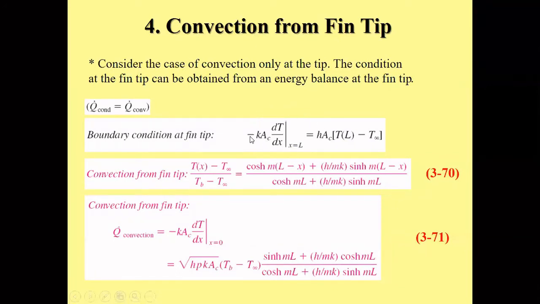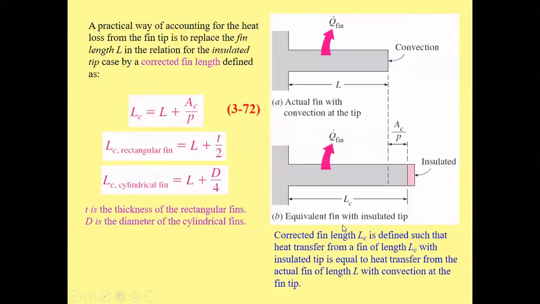So the boundary condition is that the heat conduction to the fin tip is equal to the heat convection from the fin. Okay, and then you obtain again the general solution. You get this cosh and sinh here, and then you differentiate it again, put it back into Fourier's law, and you get another equation. So different conditions will give you different equations for the fin types. Okay.